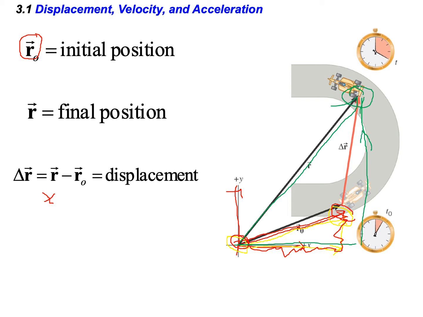So in this example, your displacement delta r, the change of r: your initial position is here, your final position is here, and delta r is this. It all depends on the initial and final position. So delta r is equal to the final position minus the initial position, and if you take the difference, you get the displacement along the plane.